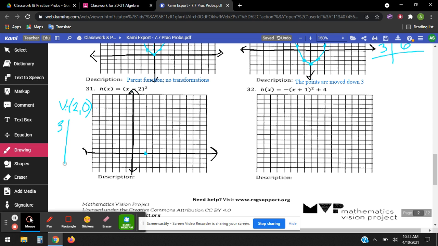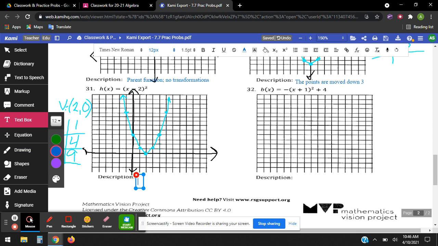So let's try 3. 3 minus 2 is 1 squared. 4 minus 2 is 2 squared, which is 4. 5 minus 2 is 3 squared, which is 9. I hope I gave myself enough room to get to 9. 3 is 1. 4 is 4. And 5 is 9. There we go.